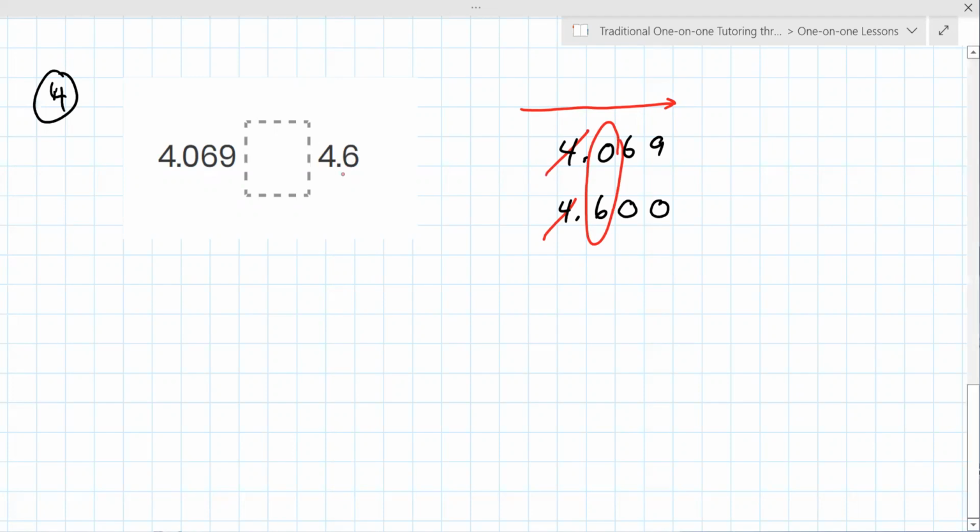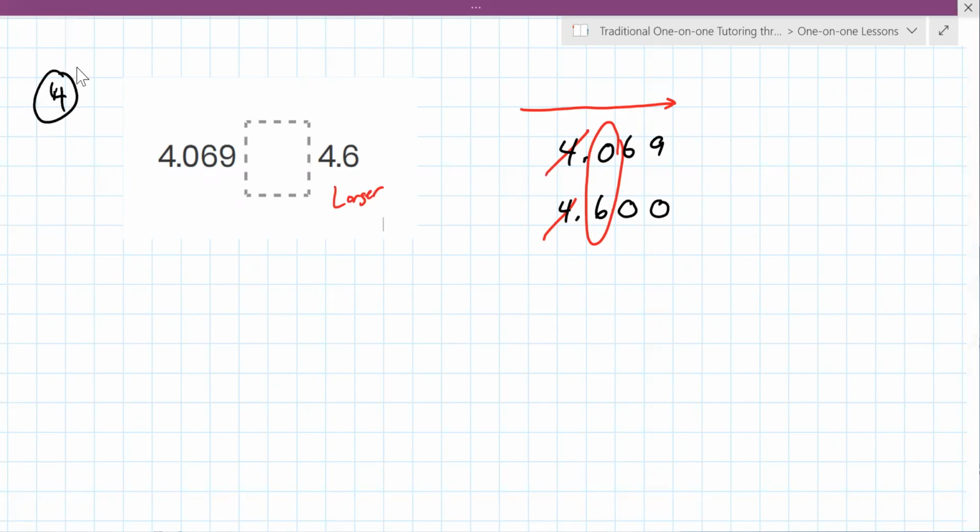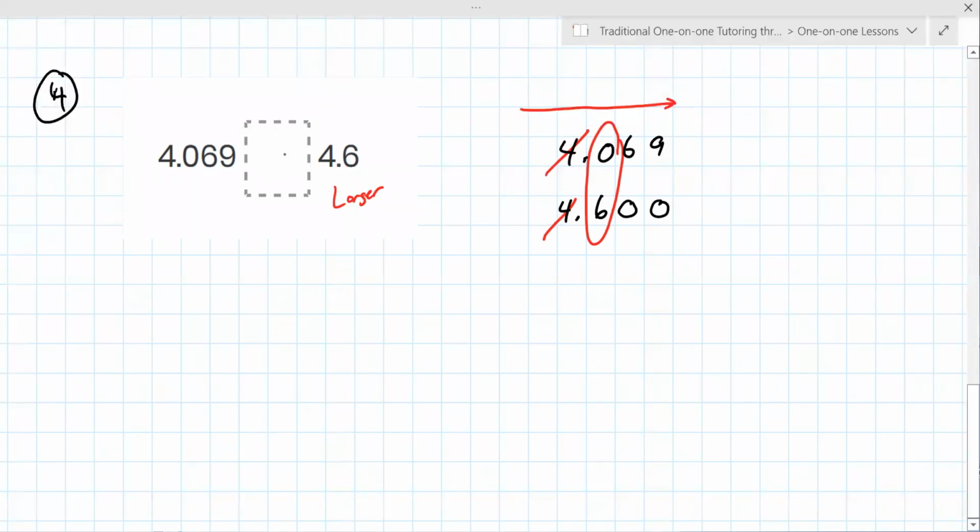So that means that this one is larger. So this is correct. And this means less than. Okay.